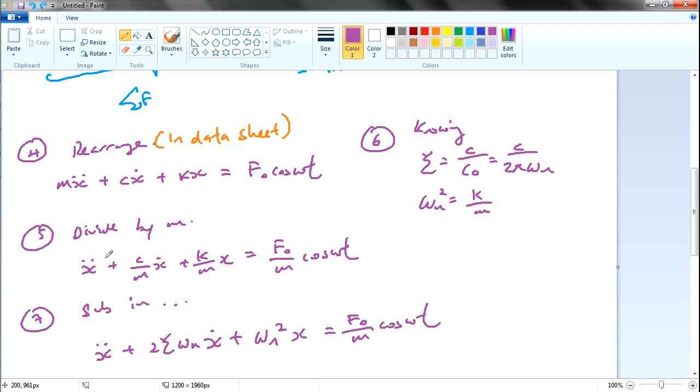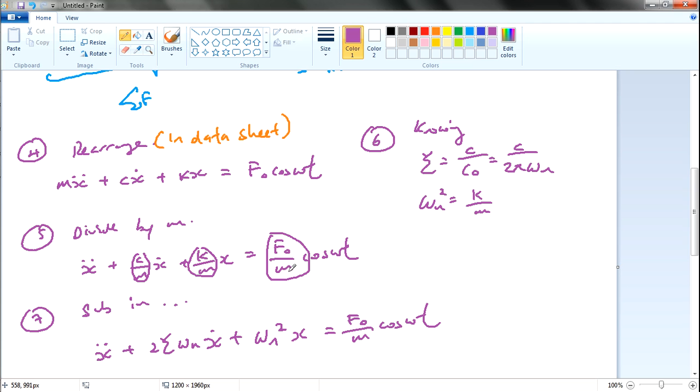So you divide by m, and you'll get c over m plus k over m equals f naught over m. Take note that when you divide everything by m, try to write it in terms of some constant divided by m, because this is a constant, this is a constant, this is also a constant.